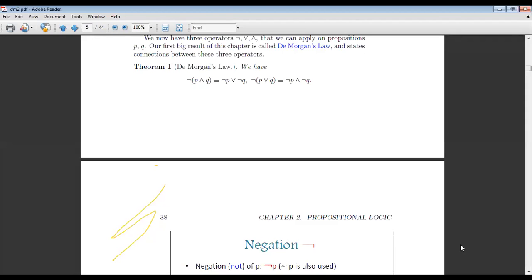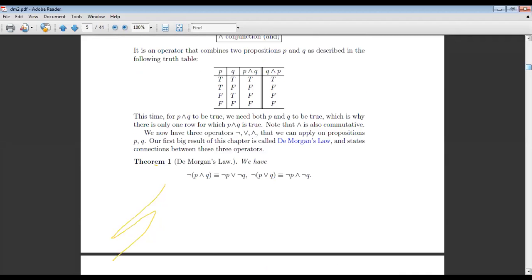Number one: negation of (P conjunction Q) is equivalent to negation P disjunction negation Q. And number two: negation of (P disjunction Q) equals negation of P conjunction negation of Q. This theorem 1, we have to prove with the help of a truth value table.